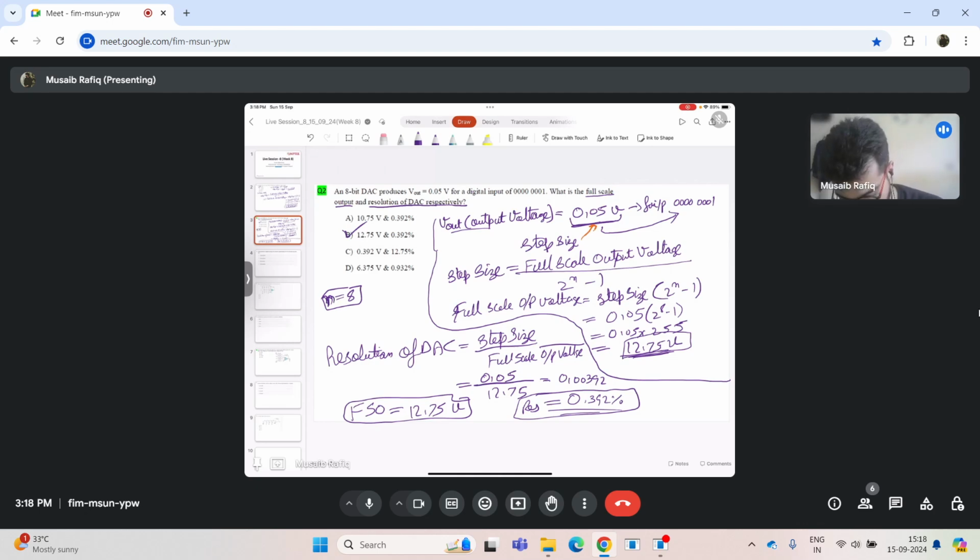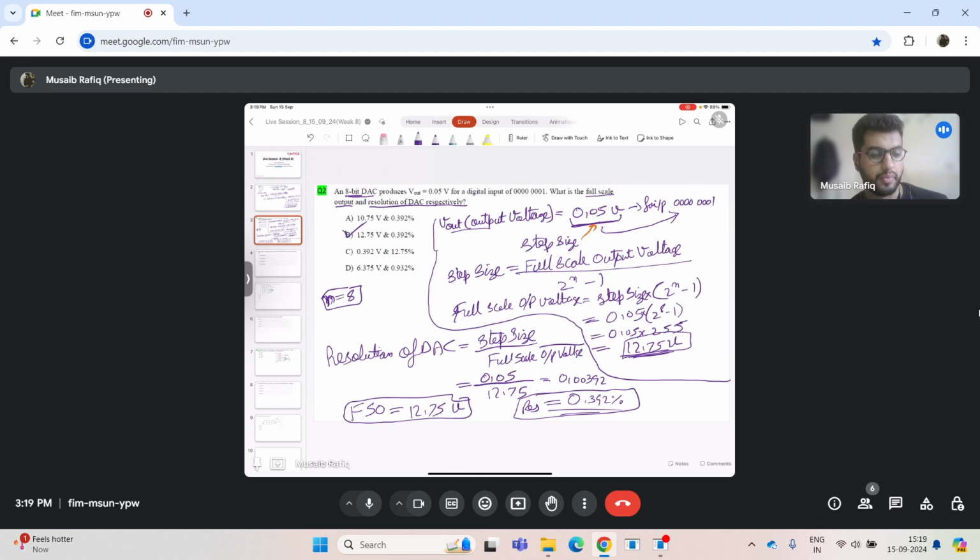In the given question, it's an 8-bit DAC. So full scale output voltage will be equal to step size times 2 raised power n minus 1, that is 0.05 volt multiplied by 255, which is 12.75 volts, right?